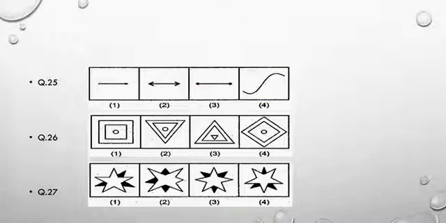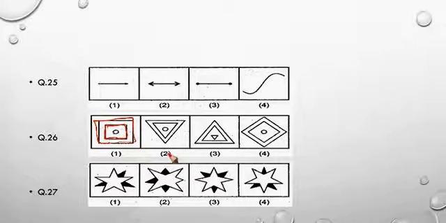Now let's go to question number 26. In question number 26, there are four options given. In the first option, there is one square at the outside of the diagram, inside which a similar figure, another square, is given, and in the center there is a circle.